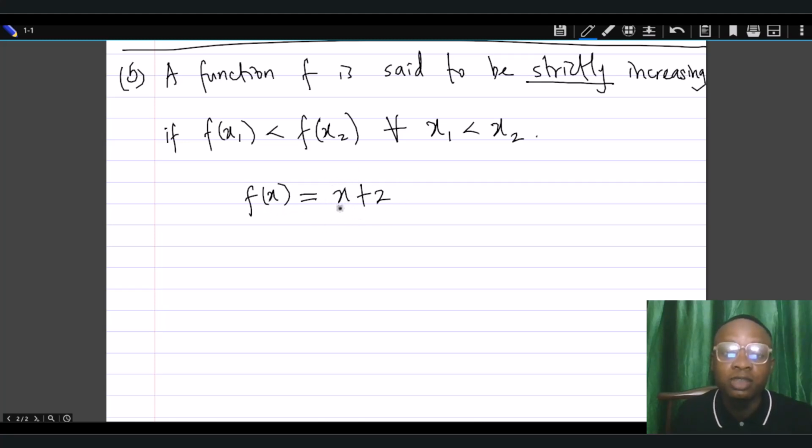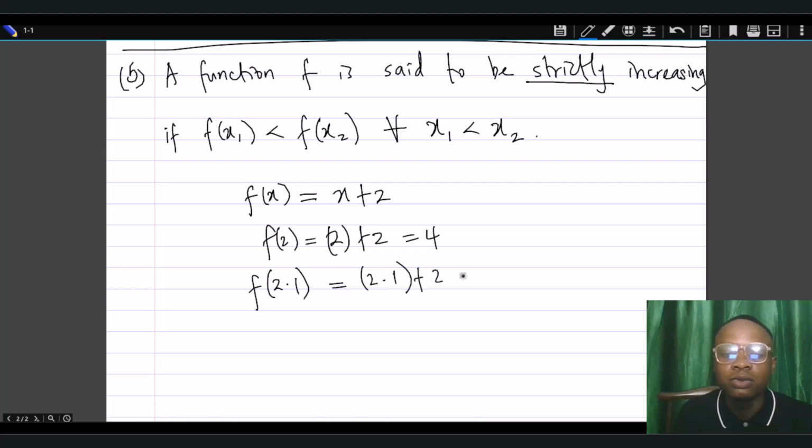If you put in any real number, let's say you put in 2, f of 2 is going to be 2 plus 2, which is 4. If you try f of 2.1, it will be 2.1 plus 2, which is 4.1. So you see that as the number you are inserting increases, the result is also increasing.